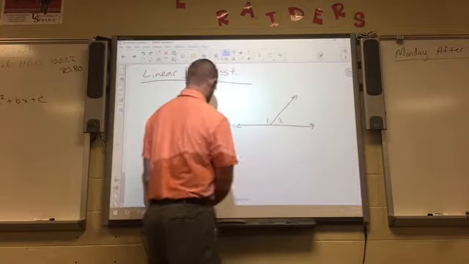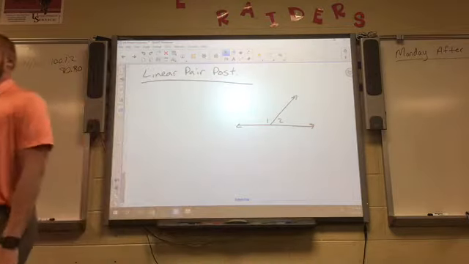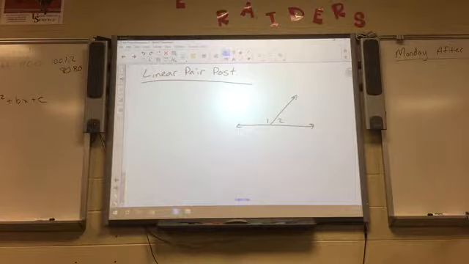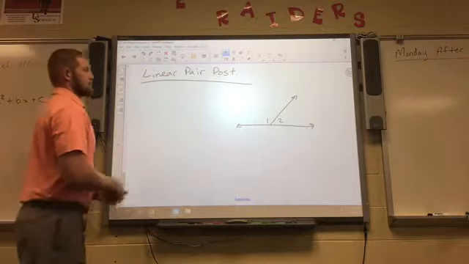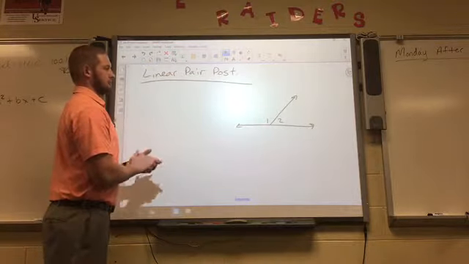We have worked quite a bit already, not recently, but in the past, with linear pairs. Before we even read the postulate, what do you know that those two angles should add to? 180 degrees. We did a bunch of problems like that. You remember those? It's been a while. That was back in chapter 1. But we did some of those.